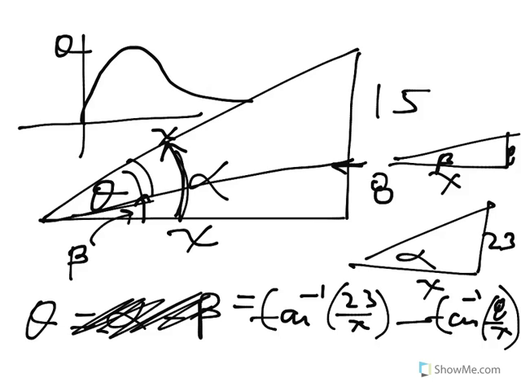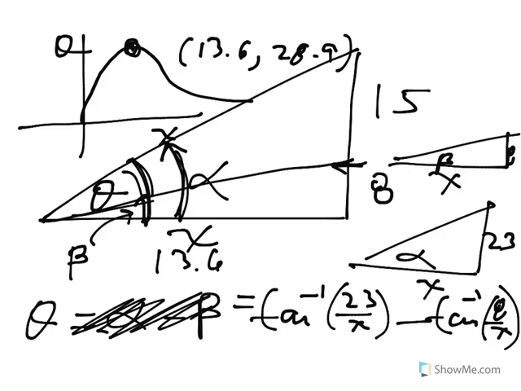We don't have a way to calculate this, but if we use the maximum feature on the calculator, we would find that point is about 13.6, comma 28.9. Which means when you're sitting 13.6 feet away, we have a maximum viewing angle of 28.9 degrees.